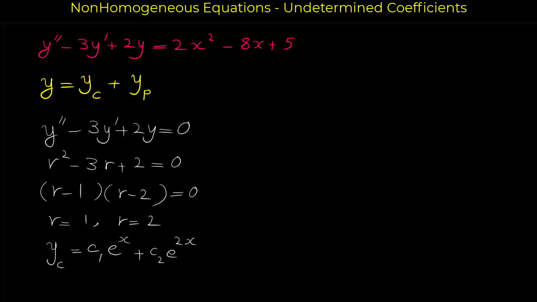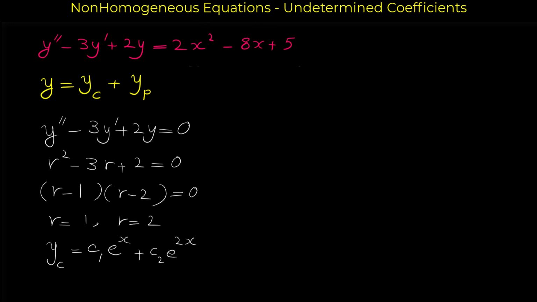After we find the complementary solution, we can find the particular solution for this differential equation. The particular solution is the solution that depends on the function on the right side of the equation. So for finding y_p, we have to look at this function.